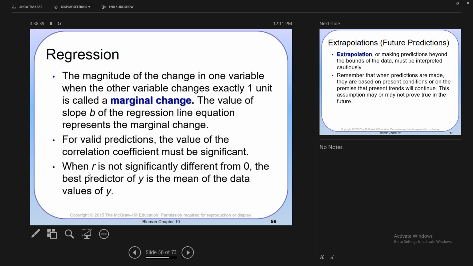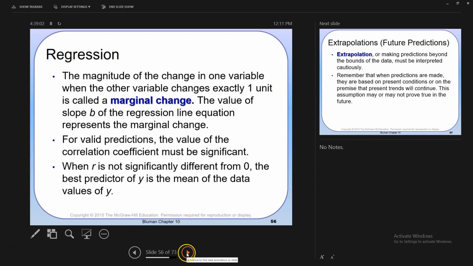If I were to ask whether this is a good or useful prediction, if the R was high and you did not extrapolate, which we're going to talk about in a second, it would be considered a good prediction. So you're looking for a high R and interpolation.